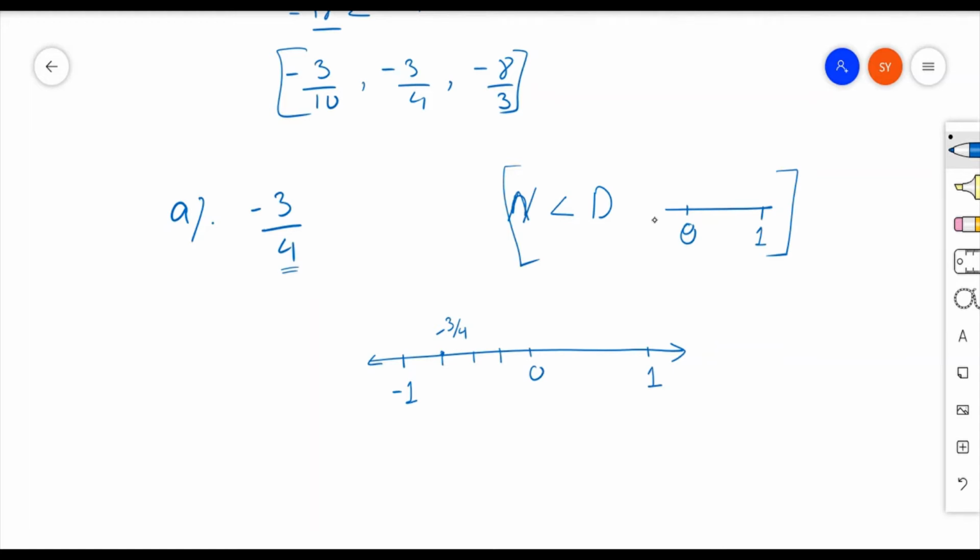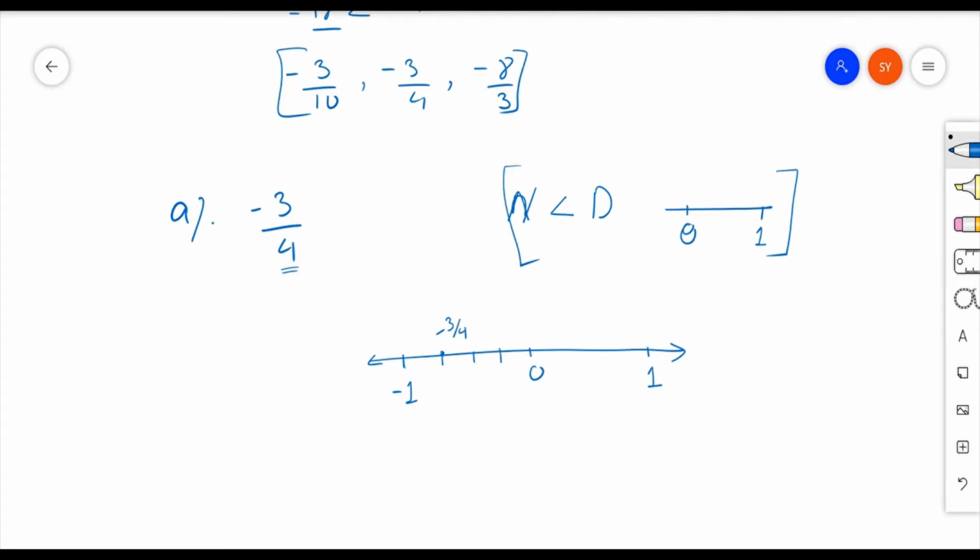Here we have negative 3, so we'll do it on the negative side. Second step, you should remember the denominator. Whatever the number in the denominator, that many times you will divide the space between 0 and 1.